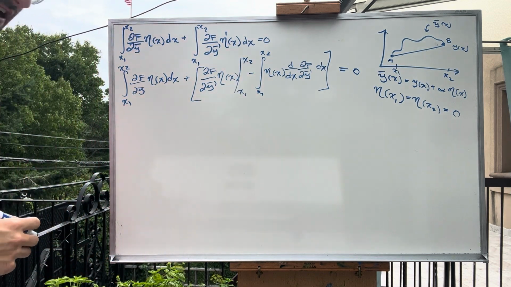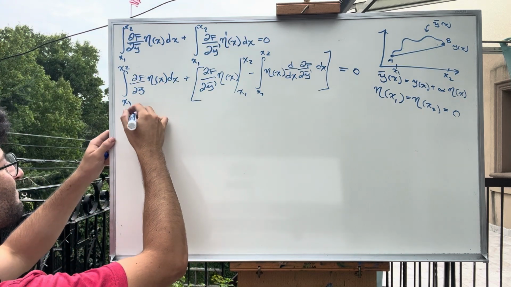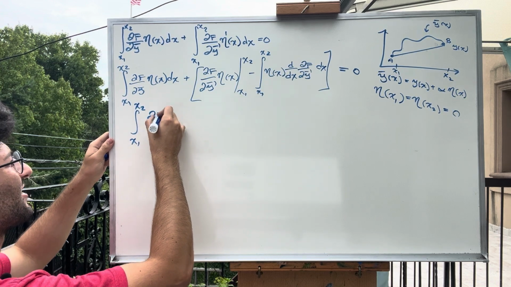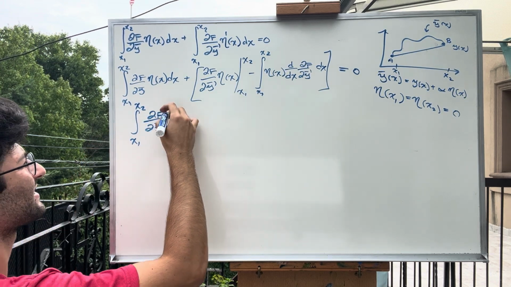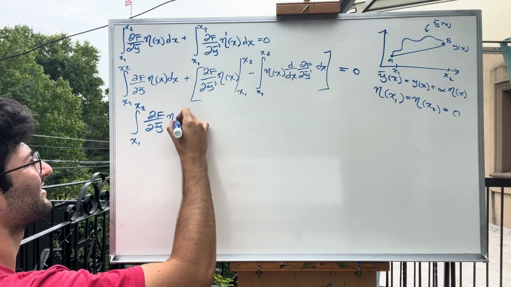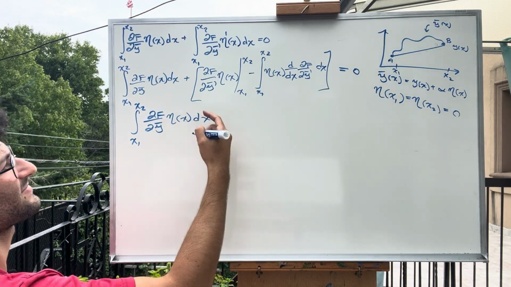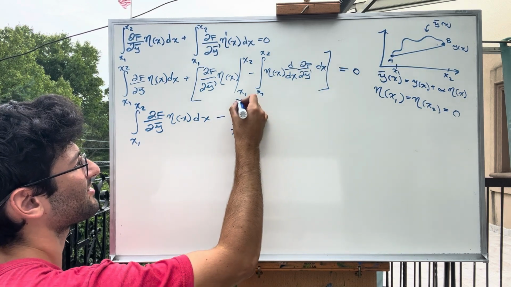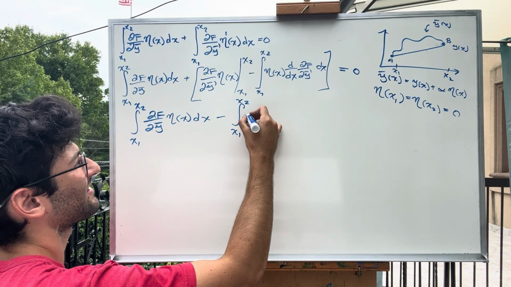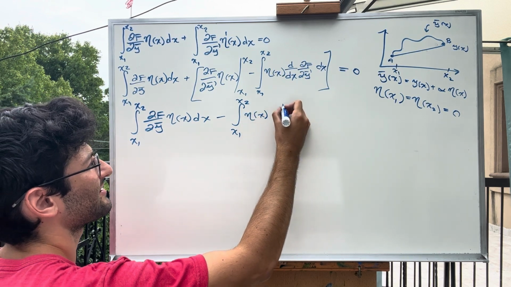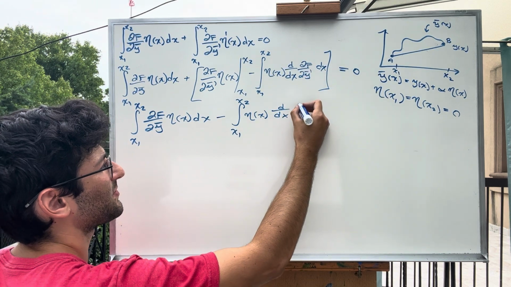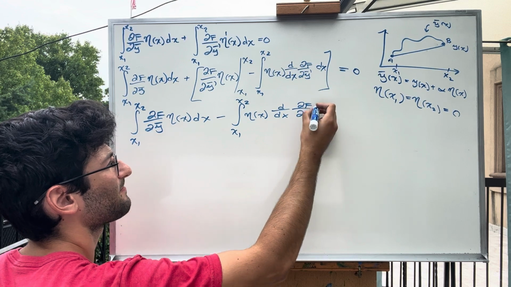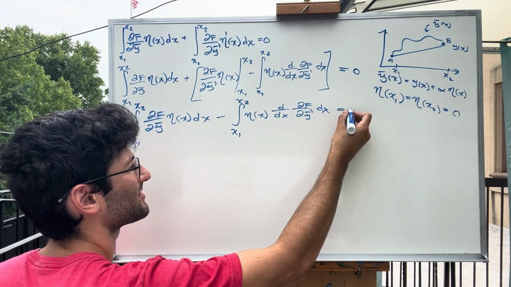And we can go ahead and write this as the integral from x1 to x2 of partial f partial y bar eta of x dx, minus the integral from x1 to x2 of eta of x times the derivative with respect to x of partial f partial y bar prime dx, equals 0.